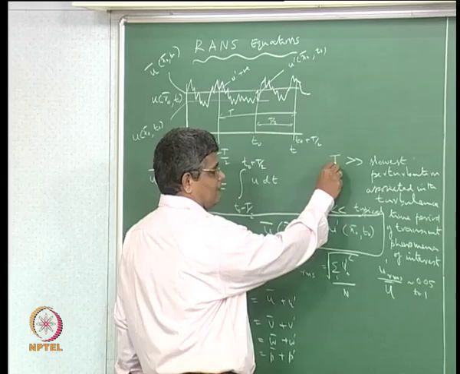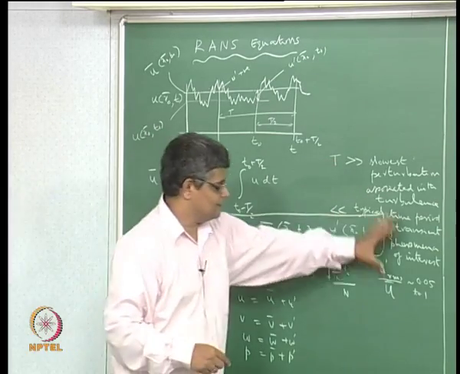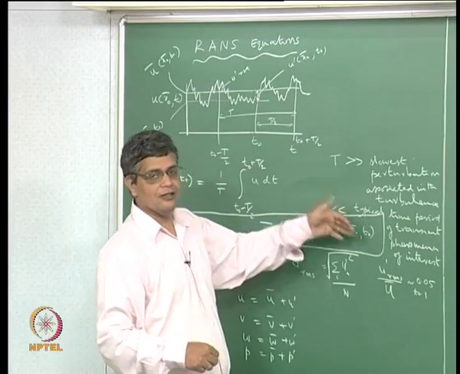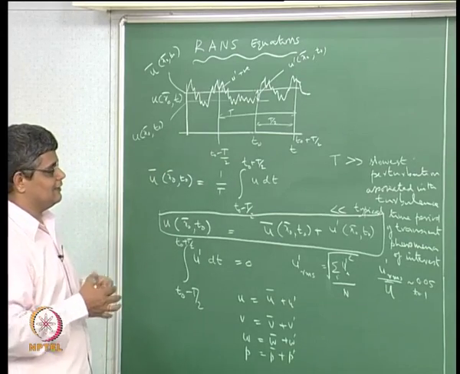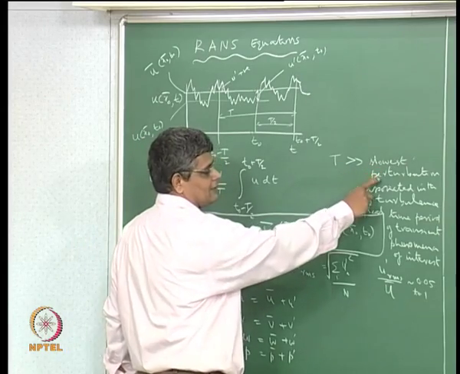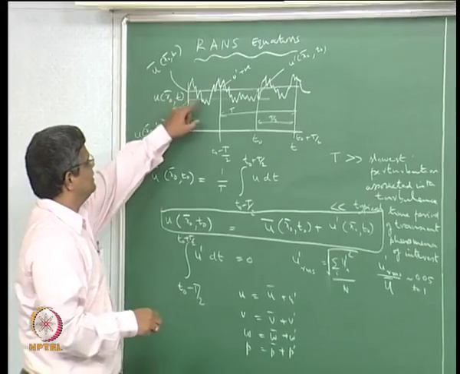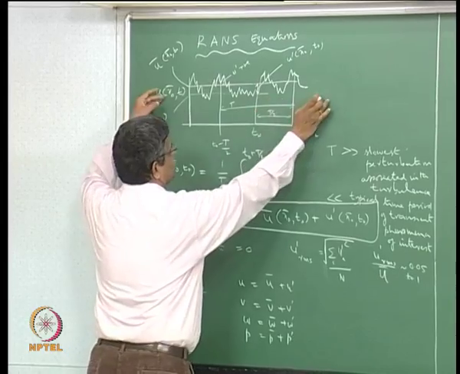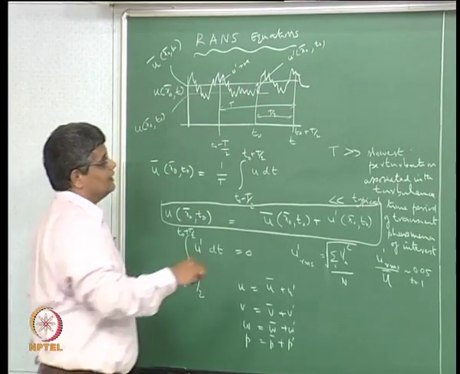So depending on that, we fix an upper limit to the time period, such that we can still resolve the transient phenomena associated with the flow that we are interested in capturing, but it must also be much greater than the slowest perturbation associated with turbulent flow. So it must be much bigger than this, so that we can smooth out these variations.